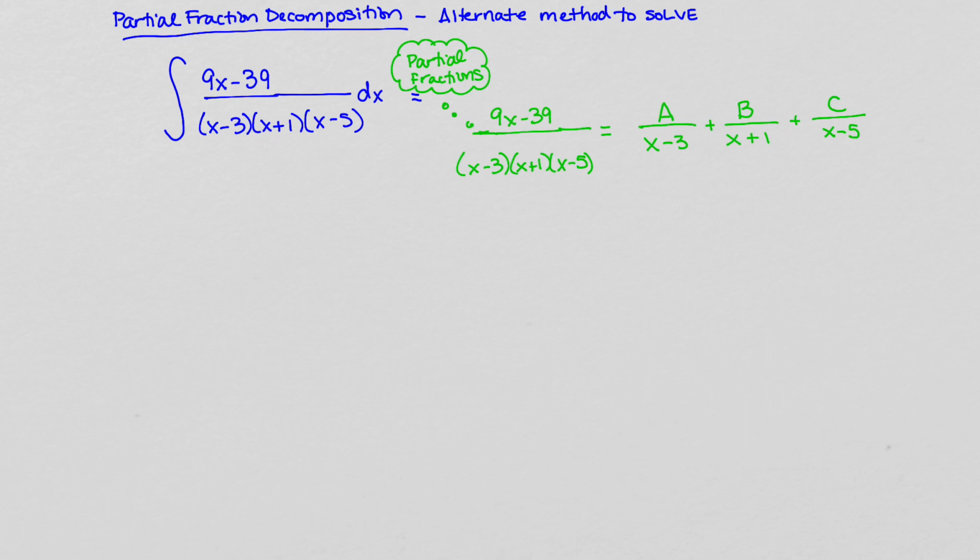Now, normally what we do now is we get a least common denominator and we add them up. So this first expression, a over x minus 3, would have to get multiplied by x plus 1 and x minus 5 if I want to get a common denominator. B is going to have to be multiplied by x minus 3 and x minus 5.